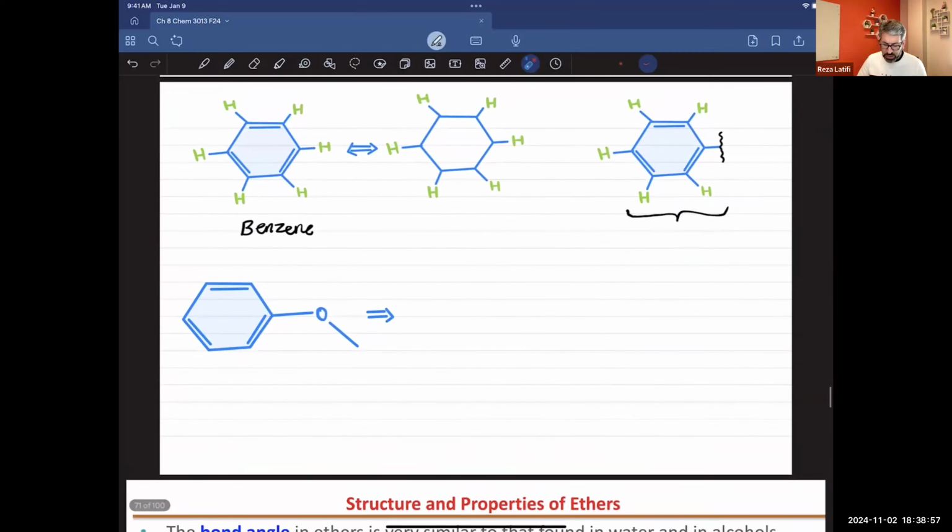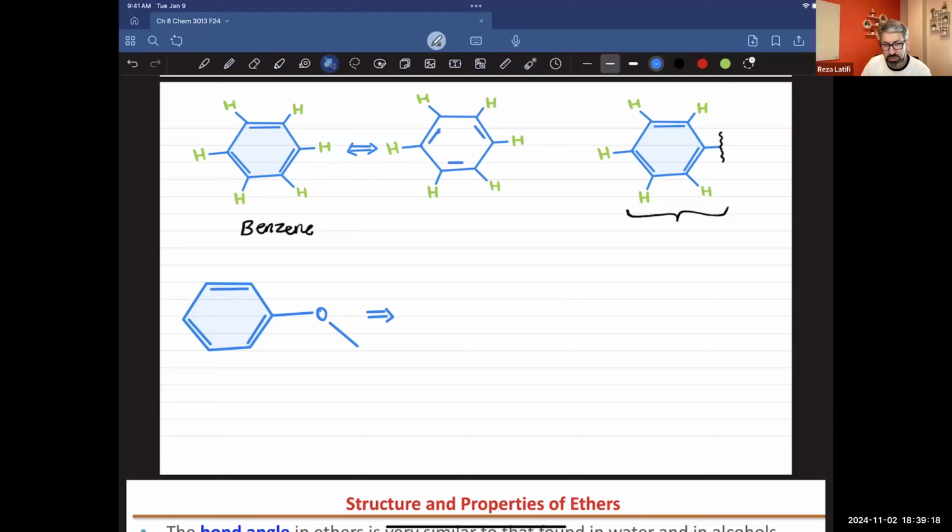Okay. Next one, I have a benzene ring. The benzene ring has 6 carbons, and we also have 3 double bonds, and the double bonds can keep changing position. To show that we have a resonance structure, the double bond can be here, there, and there.